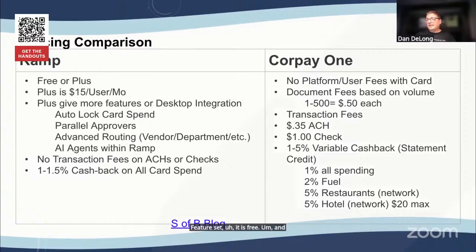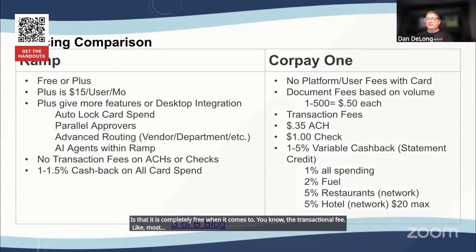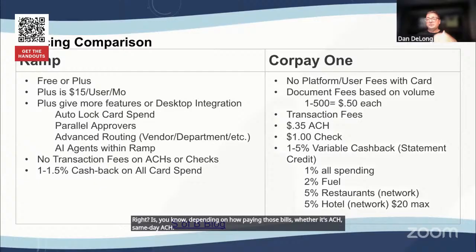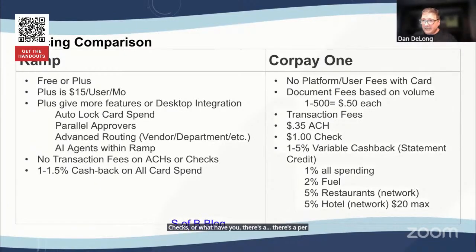And one thing that is different, I think, with a unique distinction of Ramp is that it is completely free when it comes to the transactional fees. Most others, especially the bill pays, depending on how you pay those bills, whether it's ACH, same day ACH, checks or what have you, have a per transactional fee, but that's not so with regards to Ramp, right, Nigel?